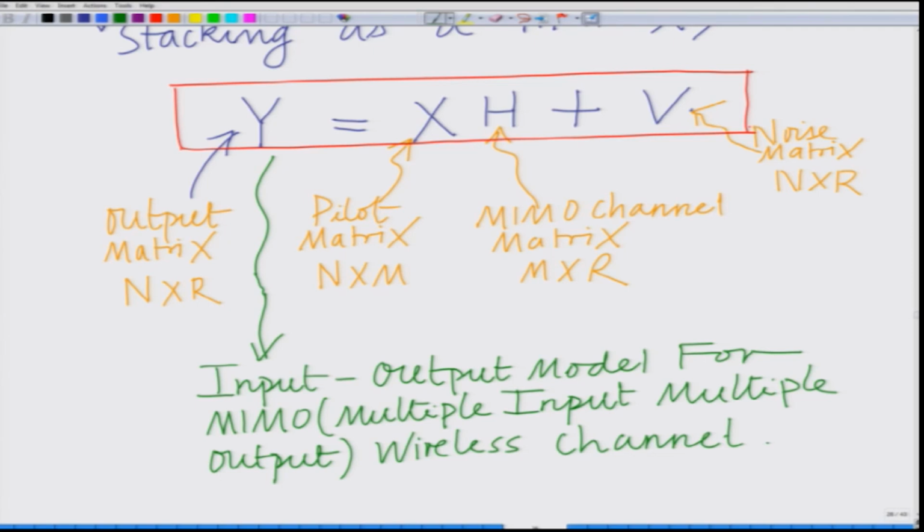Alright. So, what we have done in this module is develop this input output model for the MIMO wireless channel, considering m transmit antennas and r receive antennas. Because we have multiple transmit antennas and multiple receive antennas, this becomes a multiple input multiple output wireless channel model.